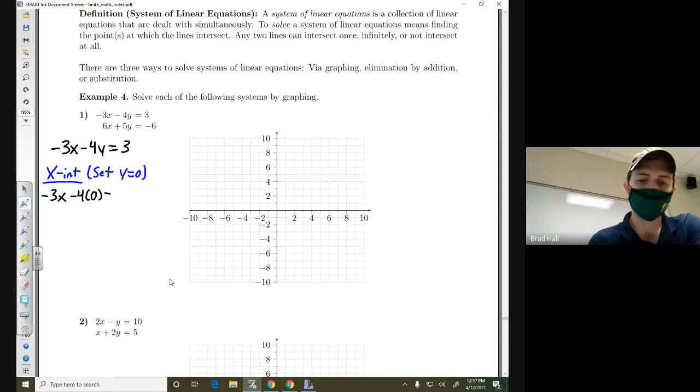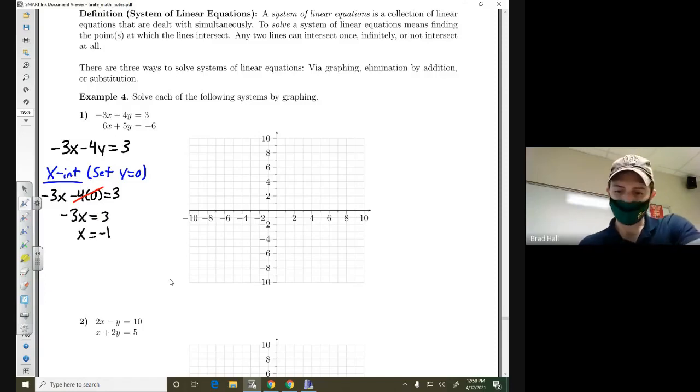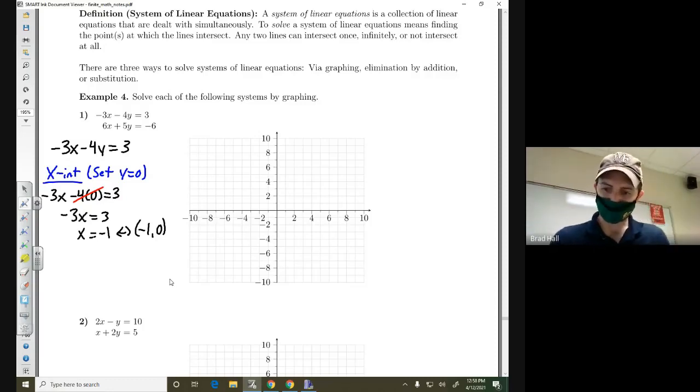So 0 is equal to 3. And of course, 4 times 0, that works out very nicely. That zeroes out. Negative 3x is equal to 3. x is equal to negative 1. In other words, we get the ordered pair negative 1 comma 0. So for the very first line, we get the point negative 1 comma 0, which we can plot.